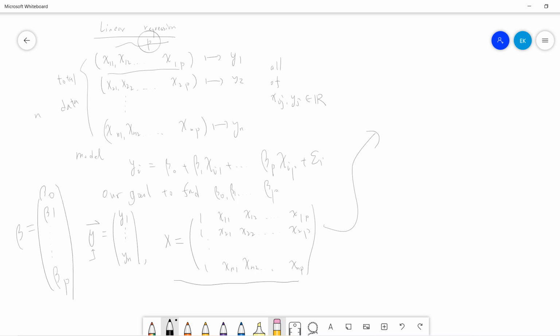There's also the epsilon vector: epsilon 1, epsilon 2 up to epsilon n, since we have n data in total. So we can think of this equation as y equals x beta plus epsilon, where x is n by p and beta is p by 1, and y is n by 1. So this is our regression equation.